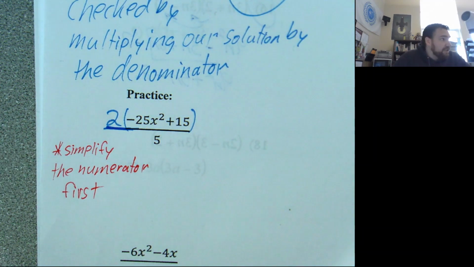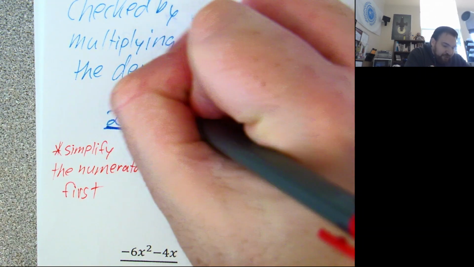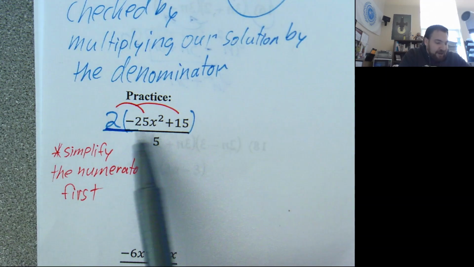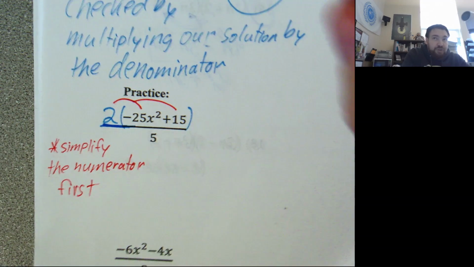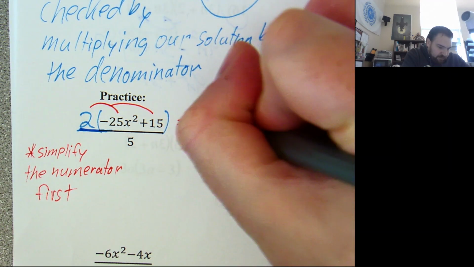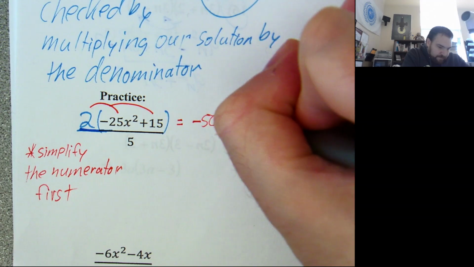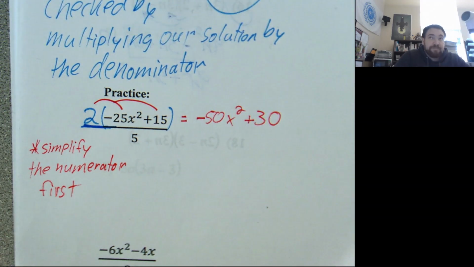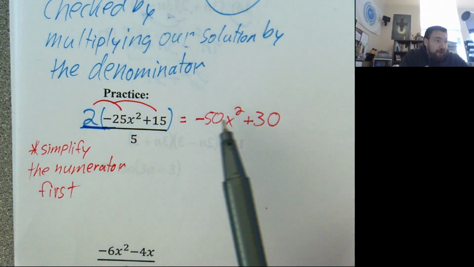And just because it looks bad, Juno, doesn't mean it is. What would I do with the numerator? Gershon? I distribute that 2 in because there are 2 other terms in that numerator. I've got brackets there, so I'm just going to multiply the 2 in everywhere. And Gershon, what am I going to get? So that's my new numerator.